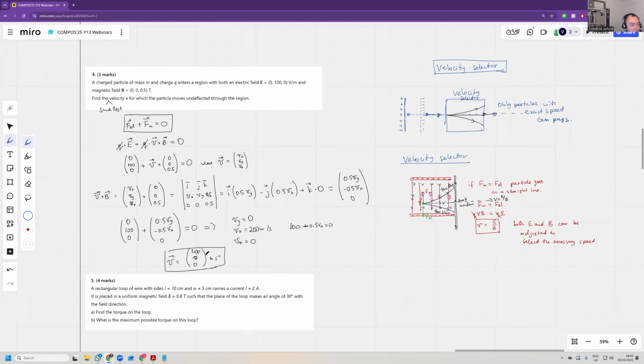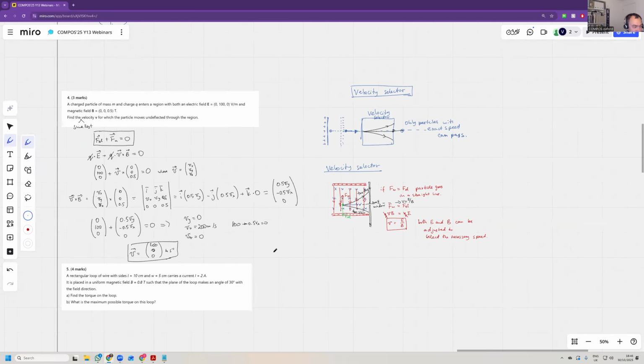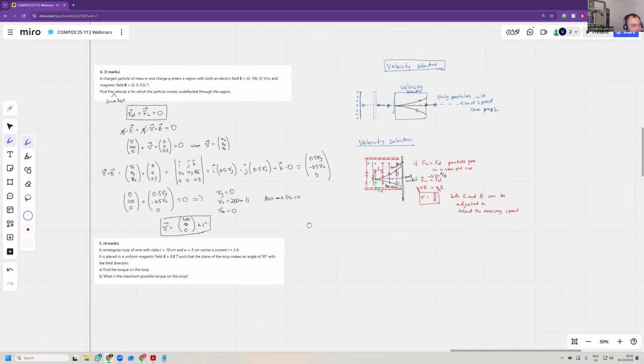So only particles with this velocity are allowed to pass through, which is very nice. If you draw this in 3D, it also makes perfect sense. I'll leave that exercise to you.